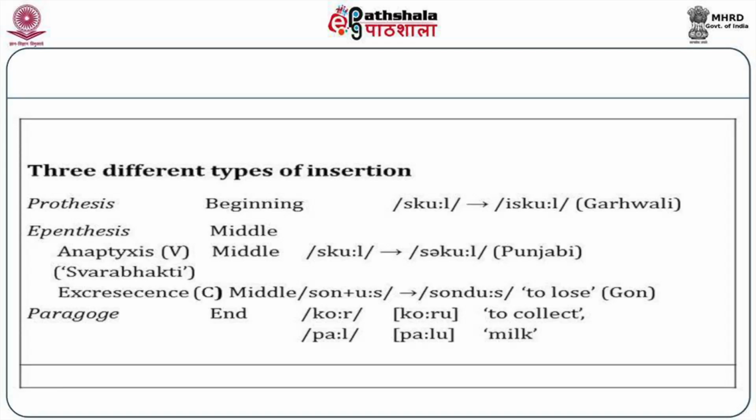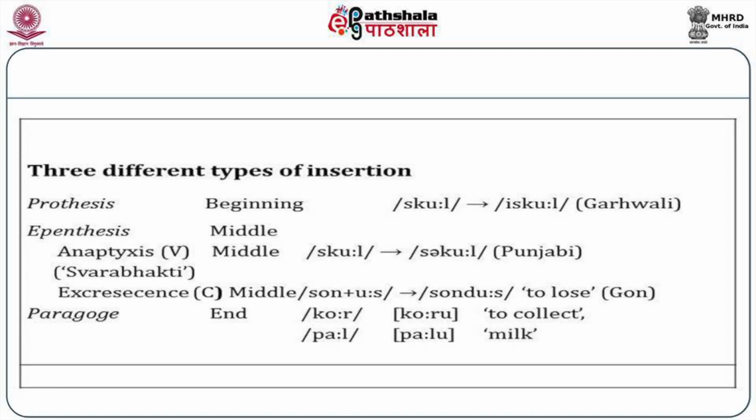There is insertion of the vowel in the middle in this word. And in some languages you have a consonant added within a word that did not exist before. For example, in Gondi, given two morphemes son and us, which means to lose, we have a d inserted within the word, and so son us is pronounced as son dus. We call this d an excrescence.